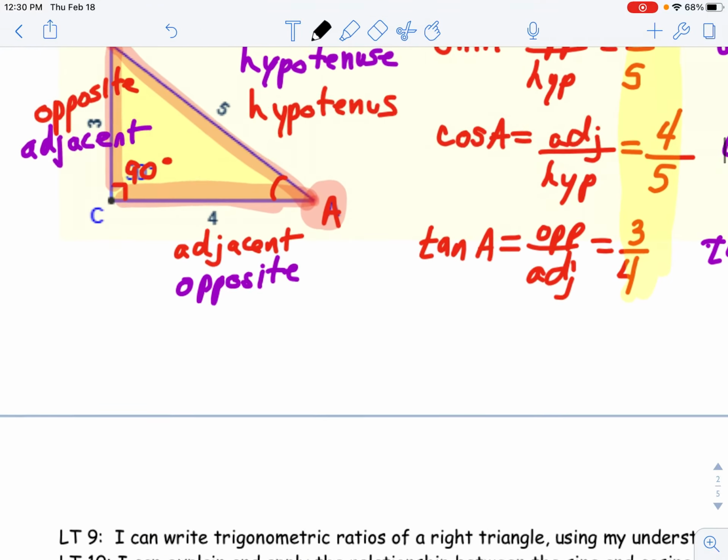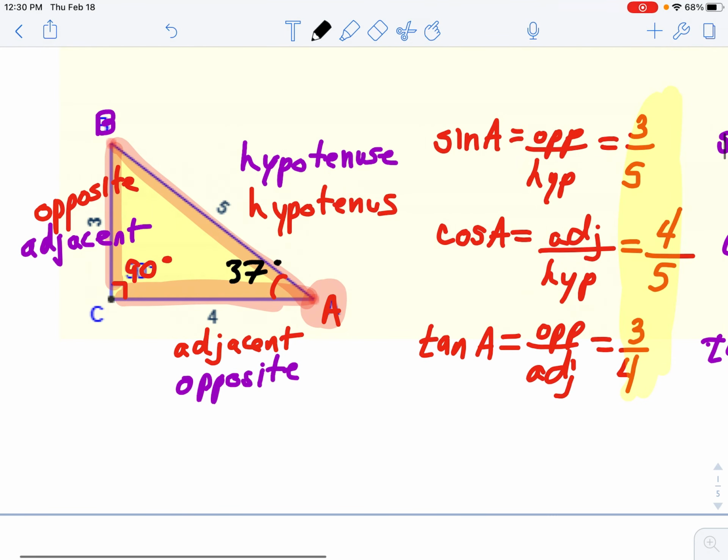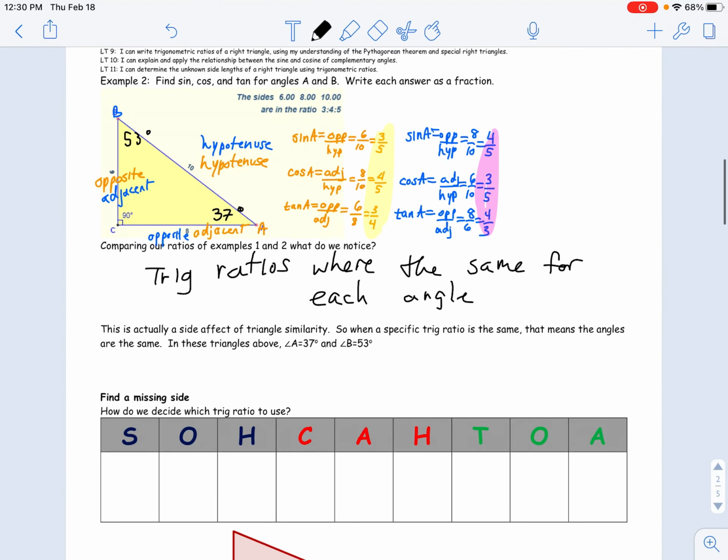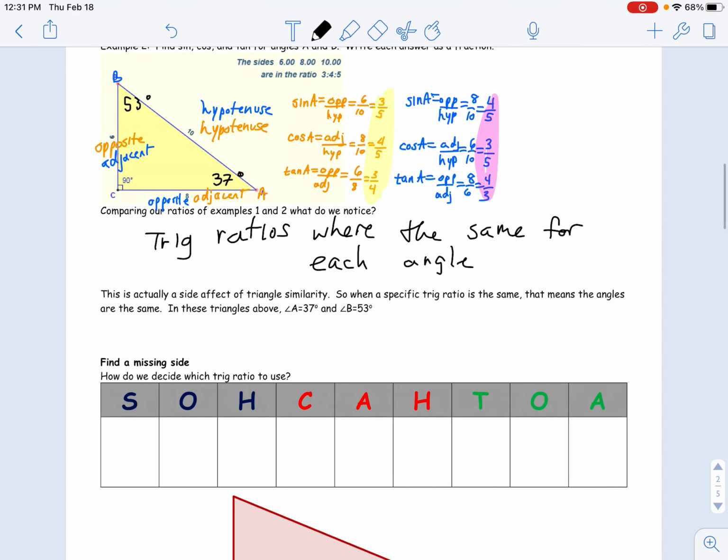So up here, since we have the same ratios, that's also 37 degrees, that's also 53 degrees. So it's really just given side lengths for a right triangle, we can determine the exact angle measures using trig. Very powerful, very useful. Just think about if you're building a roof and you need a certain length and slant to your roof, you can figure out the height of it, and just building stuff, so important, right?